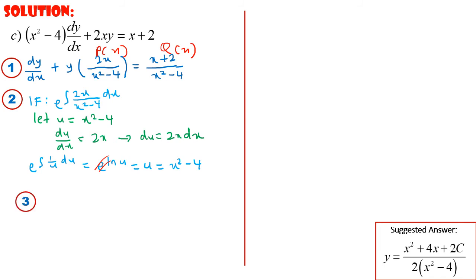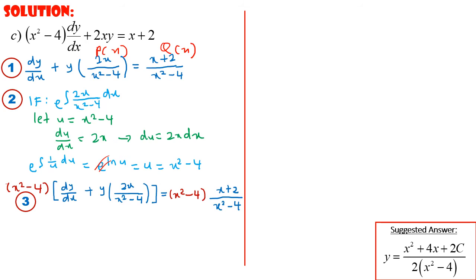So for step number 3, we will multiply this integrating factor on both sides of the equation. So rewrite like this. Remember step number 1. We just multiply the left and right hand side. And then step number 4, the product rule.